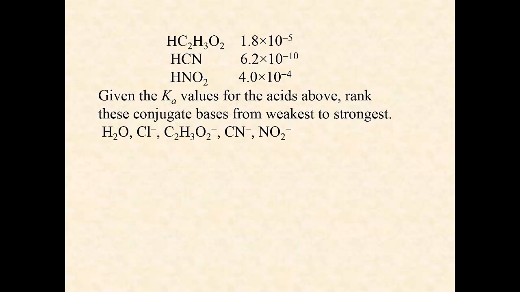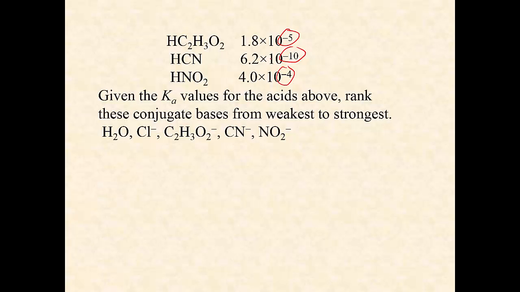So looking at these, the Ka values are given, okay? We know that you're going to rank them, again, the stronger the acid, the weaker the base. So out of these given, the strongest acid of these, look at their exponents. The strongest acid would be HNO2. So therefore, this is going to have the weakest conjugate base.